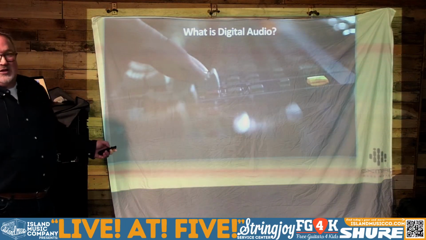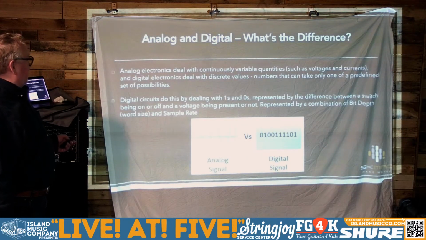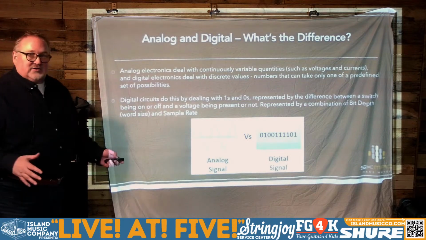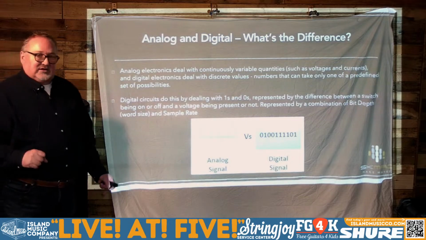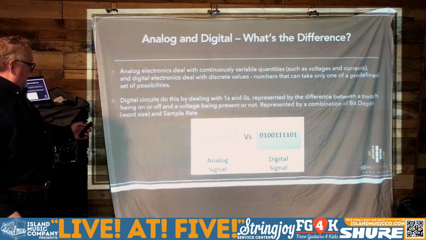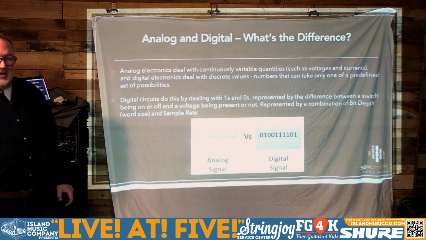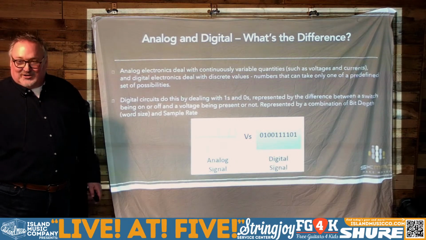Okay, let's talk real quick about digital audio, because that's where we're here today. I think everybody at this point probably knows what a digital audio signal is. But we're going to take an analog signal, which basically looks like a sine wave, a very complex sine wave. This is as easy as it gets as far as a sine wave goes. But we're going to take that and turn it into ones and zeros, right?